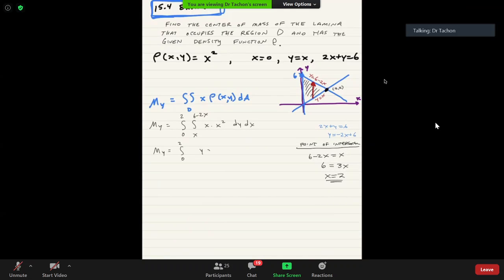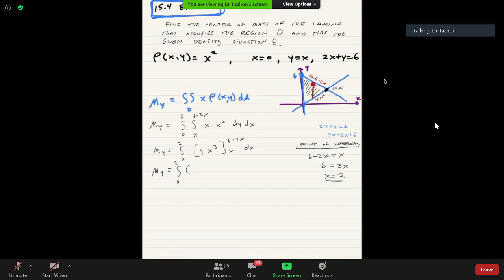So you're going to have y times x cubed, and evaluate this from x to 6 minus 2x. Plug in the upper bound for y, because we integrated with respect to y, then plug in the lower bound for y. We still have the integral from 0 to 2 out here.